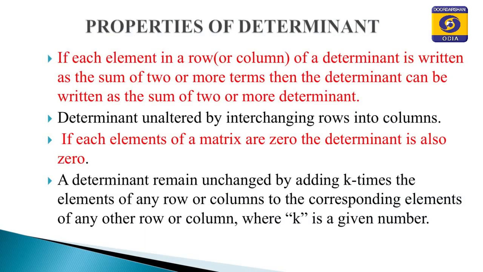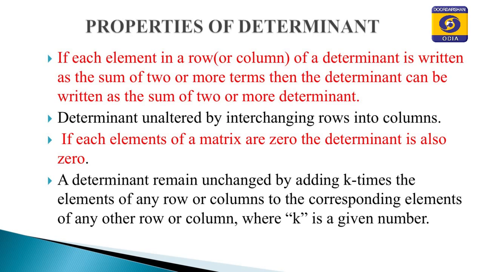Next, if each element in a row of a determinant is written as a sum of two or more terms, then the determinant can be written as a sum of two or more determinants. Similarly, the determinant remains unaltered by interchanging rows into columns. If all the rows are interchanged to columns and all the columns to rows, then the value of the determinant remains unchanged.